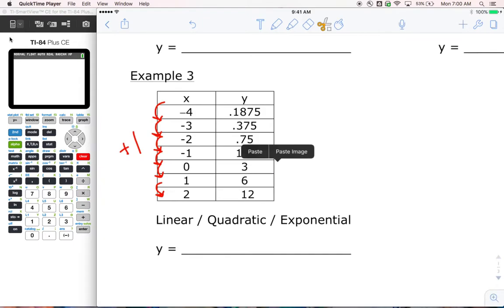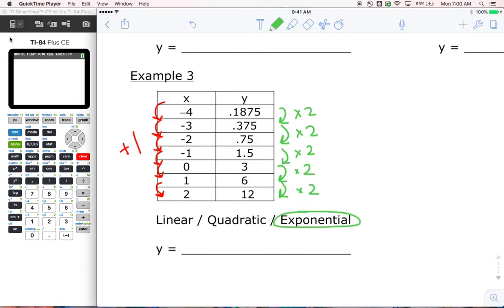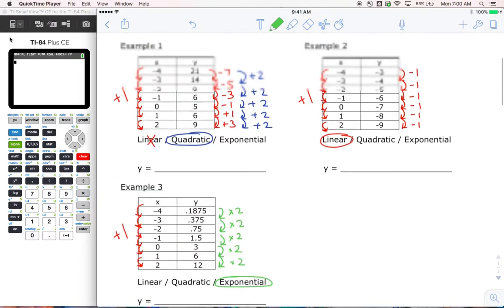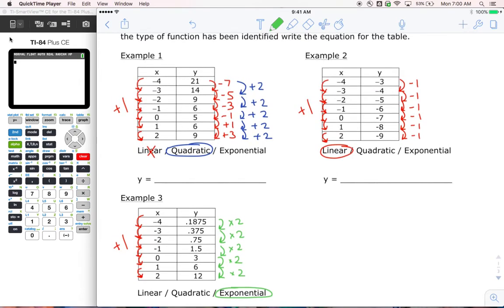To get from 3 to 6, aren't I multiplying times 2? And to get from 6 to 12, I'm multiplying times 2. Maybe you know 1.5 times 2 is positive 3. Right, so all of these values are being multiplied. You guys, if we're multiplying to get from one number to the next, that's when we know that we have exponential.